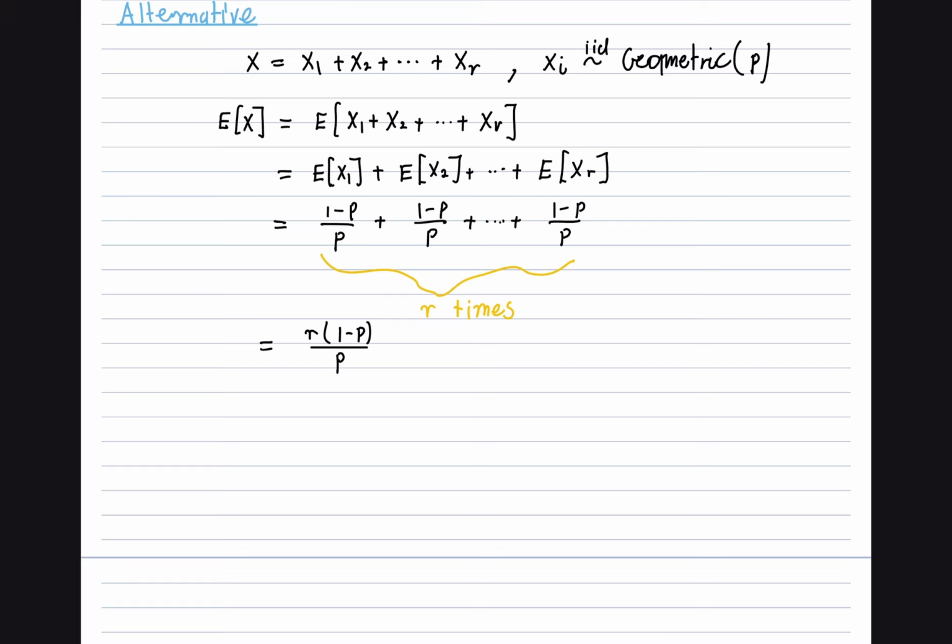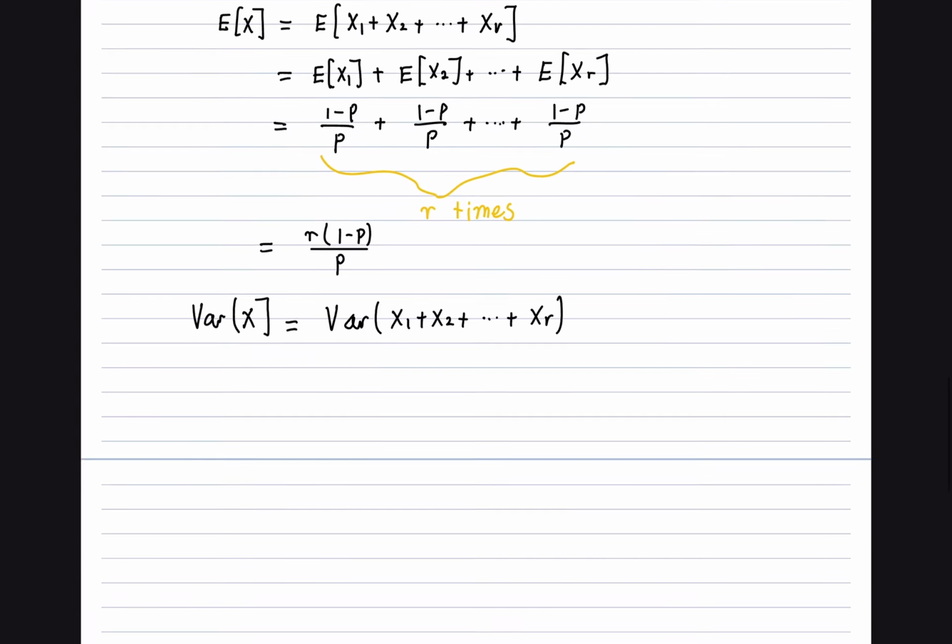Similarly, we could say that the variance of x, which is equal to the variance of the sum of x1 plus x2 plus dot dot dot plus xr, is the sum of all the individual variances.